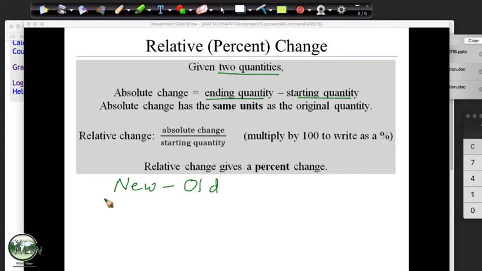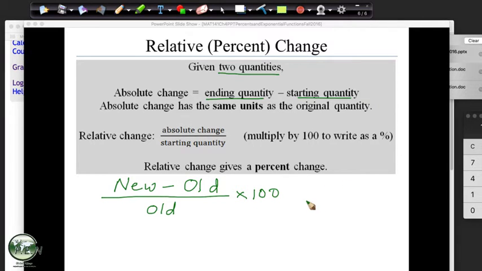To turn this into a percent, we have to divide by what we're referencing, and we always are really looking for the percent in relation to what we started with, the old value. So I just think new minus the old over the old. If you can remember that, that does everything. And then, since we're looking for the percent, we'll always end up multiplying by 100.